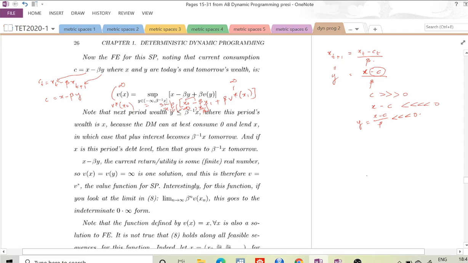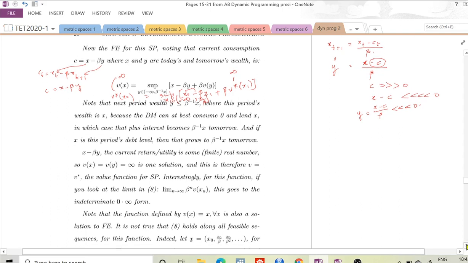So we'll give another V that solves this functional equation and a feasible path x tilde where beta to the n V of xn does not go to 0. And in fact, we'll see that it's also the case that this particular V is not V star.